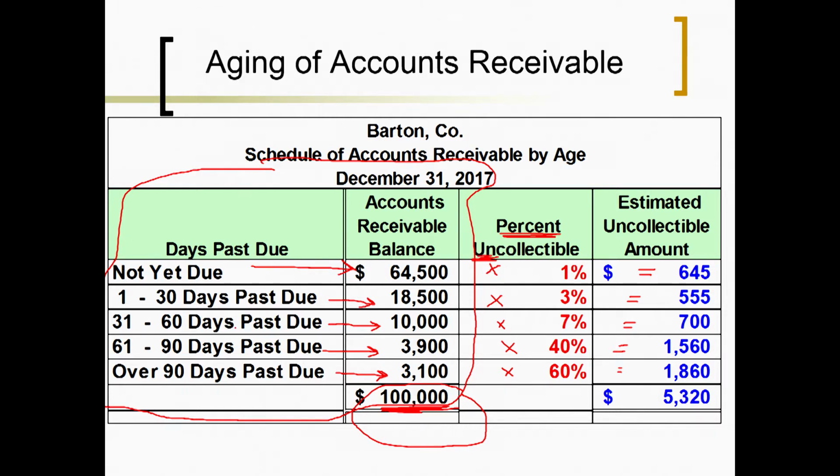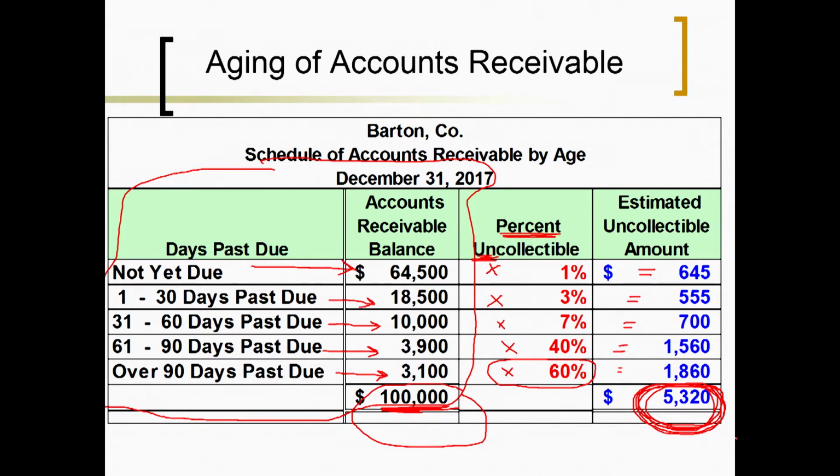So this really old stuff of $3,100 that's over 90 days past due, we're going to multiply times a pretty high percent of uncollectability estimate. You with me? And this is what we want to be the ending balance of allowance for doubtful accounts, this 5,320. But do you see how we came up with that? Not just by taking one percentage times the total, but we took individual percentages times the aging.